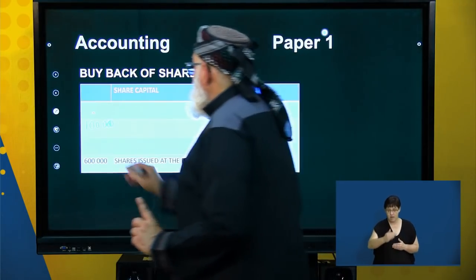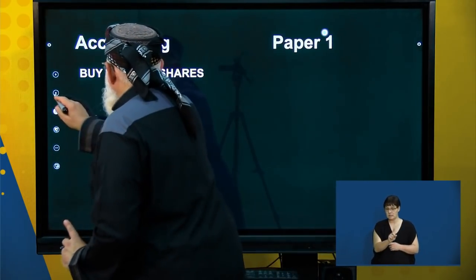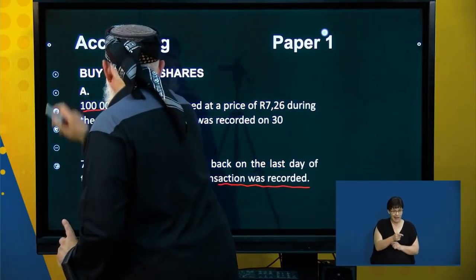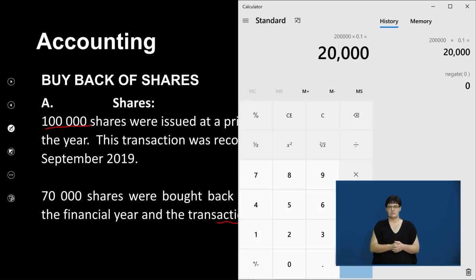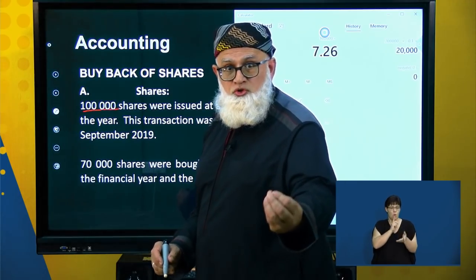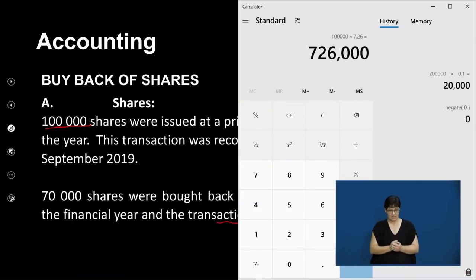And what are we told? We are told that we sold these shares at 7.26 Rand. Immediately I take out my calculator, and I say, fine, it's 100,000 shares times 7.26, because that's the value at which we sold those shares, which will give me a value of 726,000.